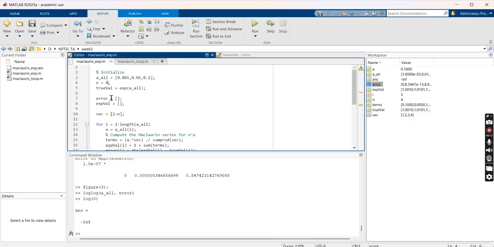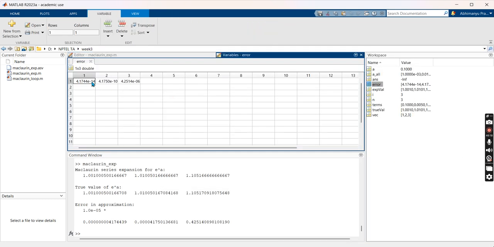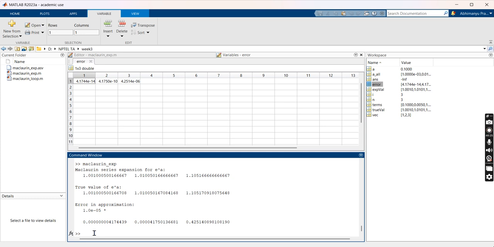For other values, like for n is equal to 3, this is a very small value, but still the MATLAB. Let us talk about the machine precision of MATLAB.